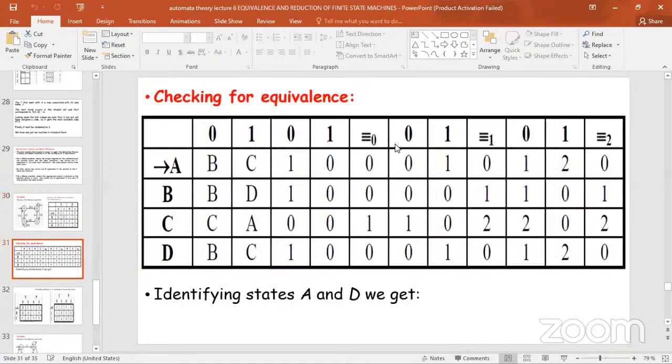Now, how do you get the zeroth equivalence for a Mealy machine? For an FSA, that's a finite state machine, you know that all those with asterisks are given the value of what?